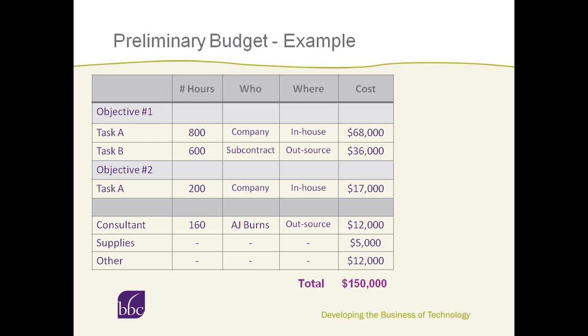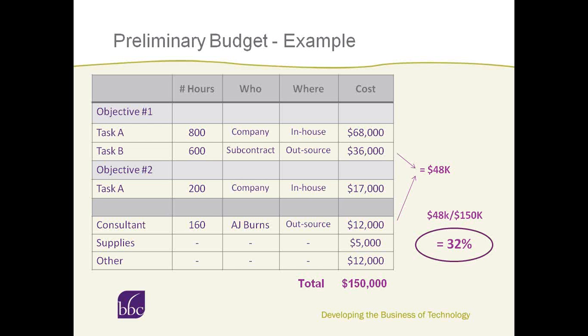Okay, so we're fine there. The next task is to look at the expenses that are going to be incurred outside the company. That includes the subcontract and the consultant. We add those up, $48,000 divided by 150, 32%. So we are within the 33% maximum that we can subcontract, right? So we meet that requirement.